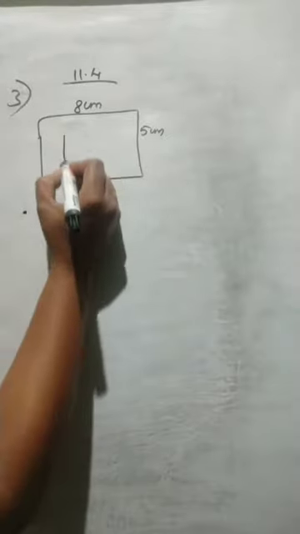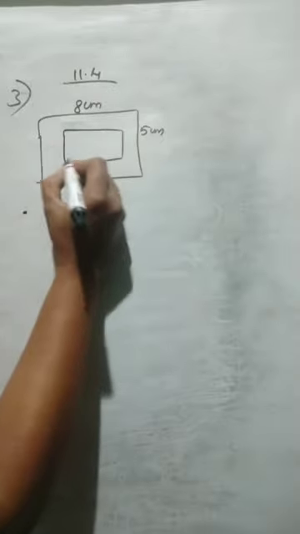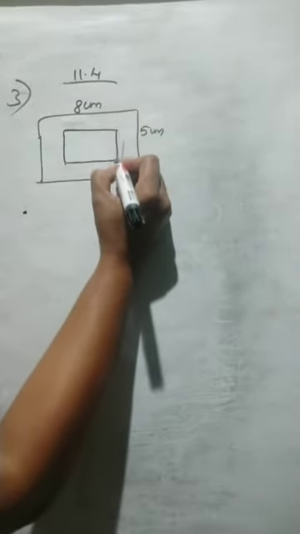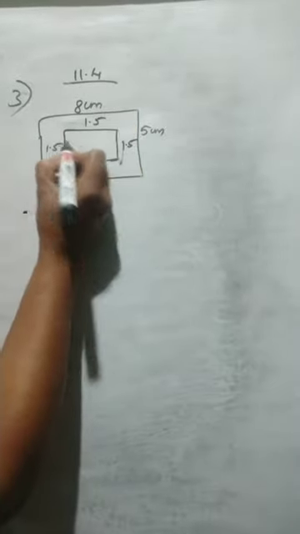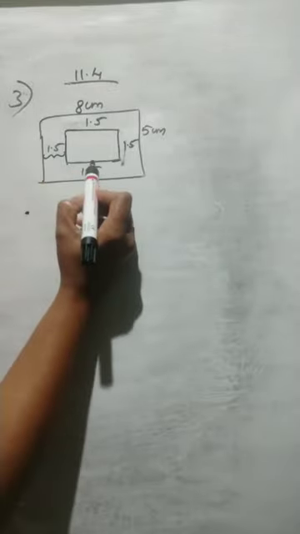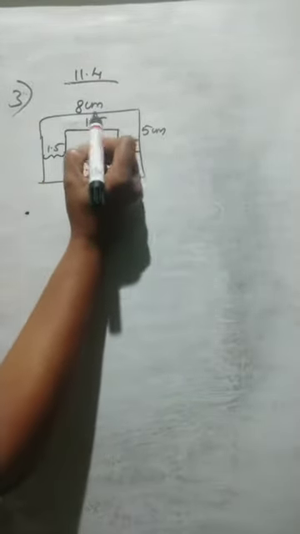So there will be a margin of 1.5 on each side. Okay, 1.5 up to here, from here to there. Then find the total area of the margin.